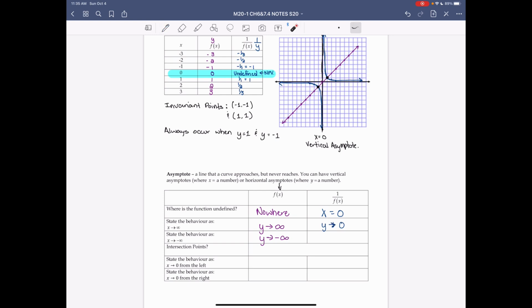And then looking the other direction, as x is approaching negative infinity, what's happening with this curve? It's approaching 0 as well for the y value. The intersection points, we already said this, those were our invariant points. The two graphs intersect at -1, -1, and at 1, 1.